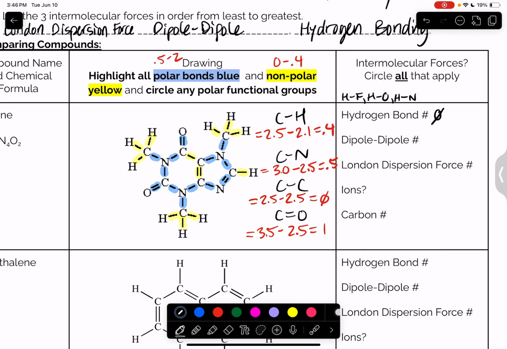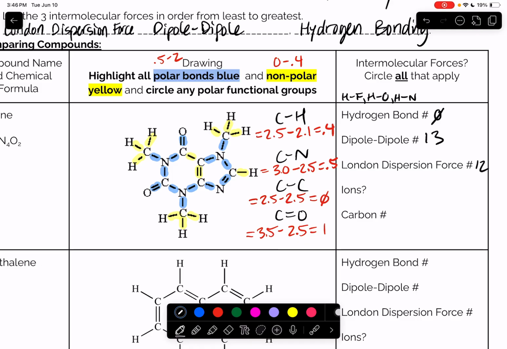So on this structure we have 1, 2, 3, 4, 5, 6, 7, 8, 9, 10, 11, 12, 13 dipole-dipole bonds. And then all our yellow nonpolar bonds are LDF bonds. So I'm going to count those, and I have 1, 2, 3, 4, 5, 6, 7, 8, 9, 10, 11, 12.